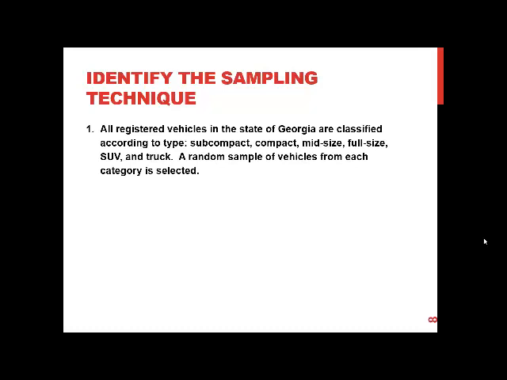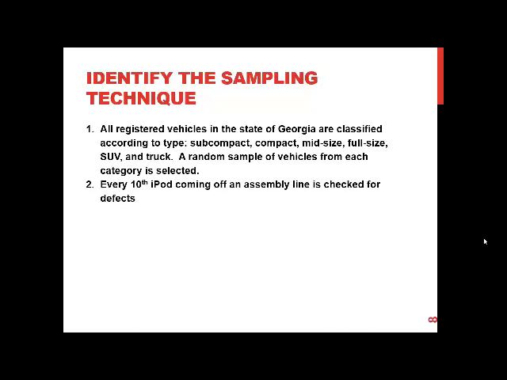This is going to be strata because we're dividing the vehicles into a classification. There can be a fine line between cluster and strata, I think, but this one I would consider to be strata rather than cluster.